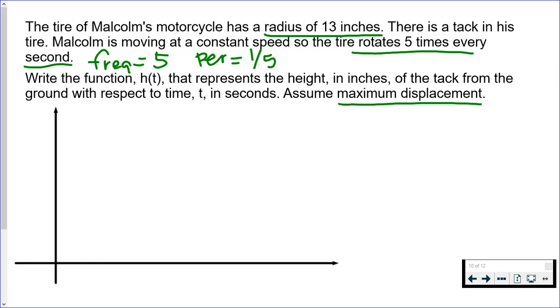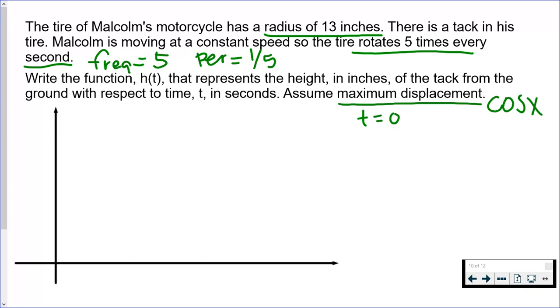So that means when we start timing at time equals 0, the tack is starting at the highest point from the ground that it possibly could. Now, maximum displacement indicates that we are going to use a cosine function here.